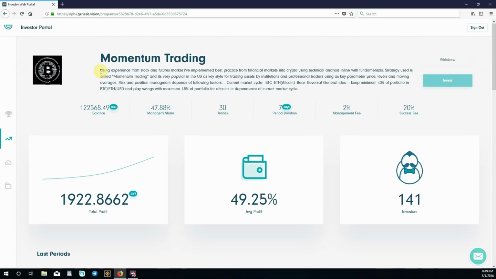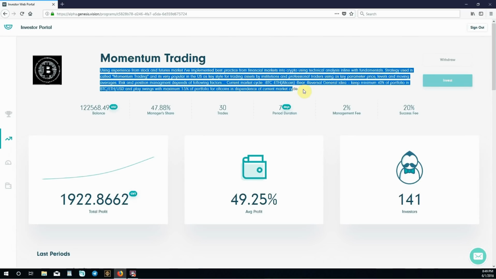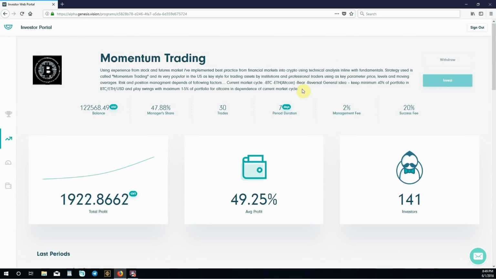It's going to tell you about their strategy, what tokens they hold, how much of a portfolio will be in Bitcoin or Ethereum or Forex or altcoins. They're going to explain all of this right here in this bio. So again, that allows you to filter through and find the manager that fits right for you.